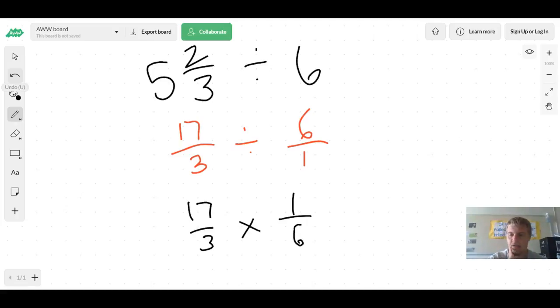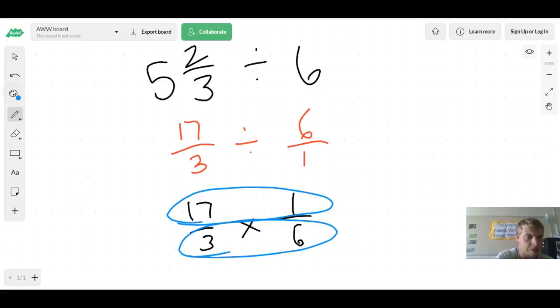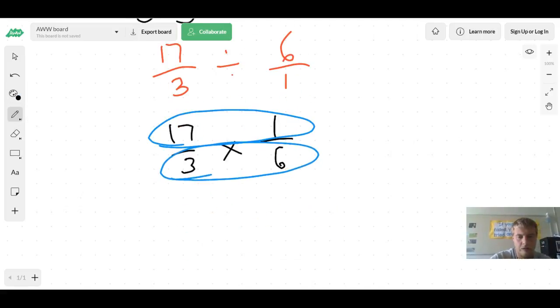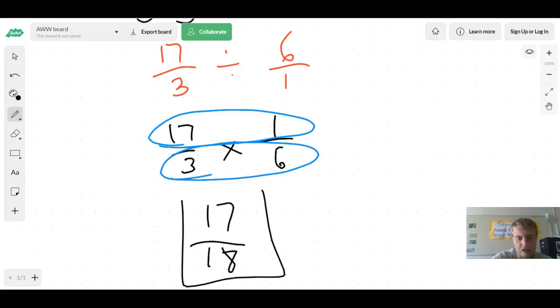From here, now since it's multiplication again, we would just multiply straight across. And once we multiply straight across, we would have 17/18, which would be my final answer.